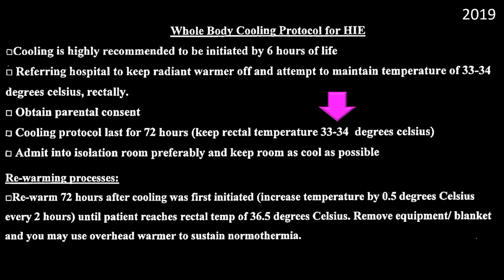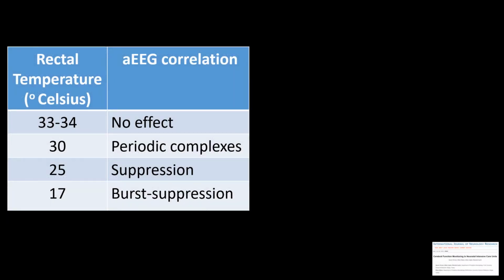The temperature is lowered to 33 to 34 degrees Celsius. Temperature produces changes in brain metabolism that translate in EEG changes that are at times detected by amplitude EEG. But with temperature of 33 to 34 degrees Celsius, no significant changes occur.